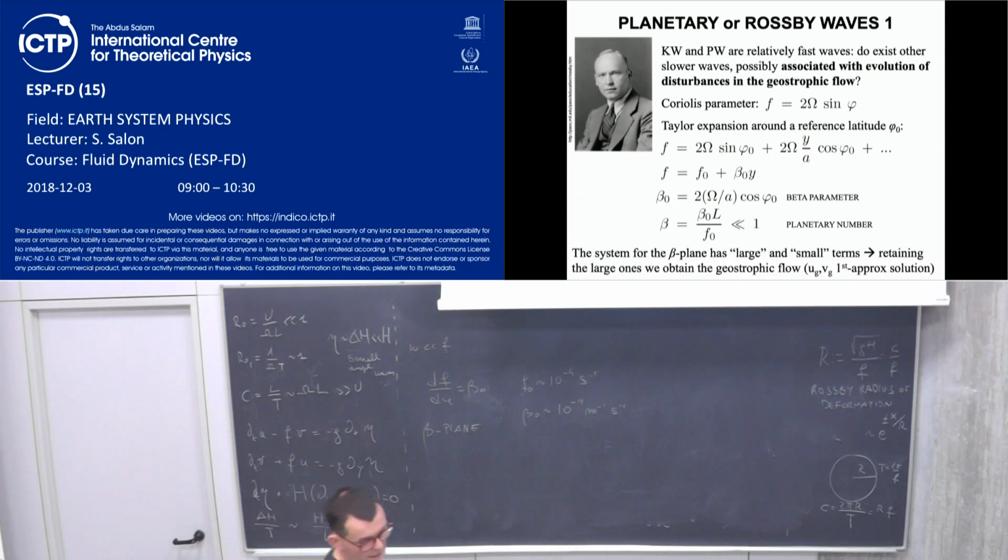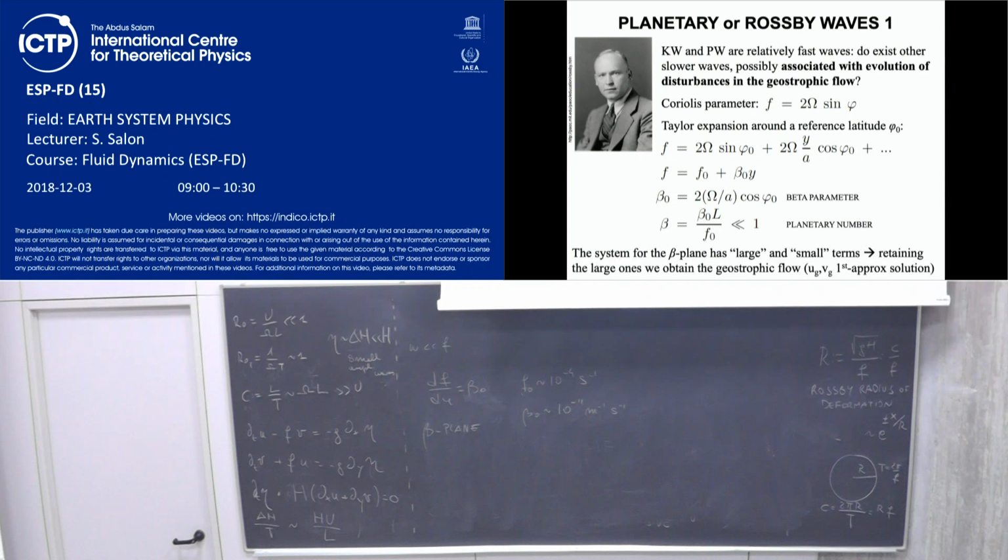We can calculate it, because this will be f practically divided by the radius of the Earth, which is order of 10 to the 5. That's why we obtain 10 to the minus 4 multiplied by 10 to the minus 5, and so we obtain 10 to the minus 11.